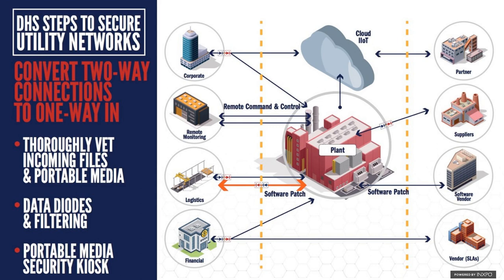So now if we look at the two-way connections into the network. Maybe I've got some software, and I need to do a patch on one of my machines and get it up to date. Again, the DHS recommends you make that a one-way only transaction. So you validate, verify, or authenticate that software that needs to be pushed into the plant.